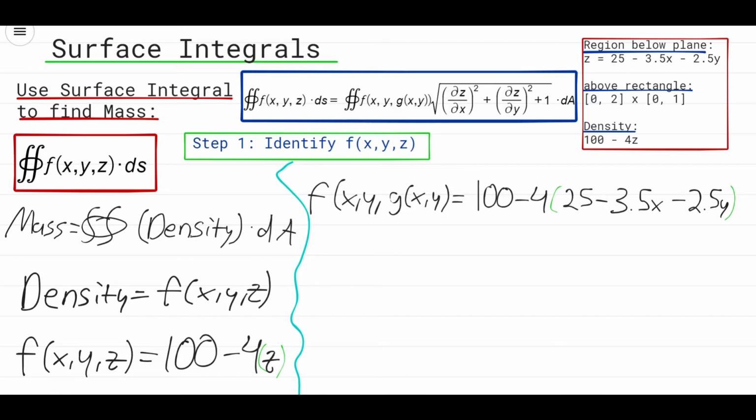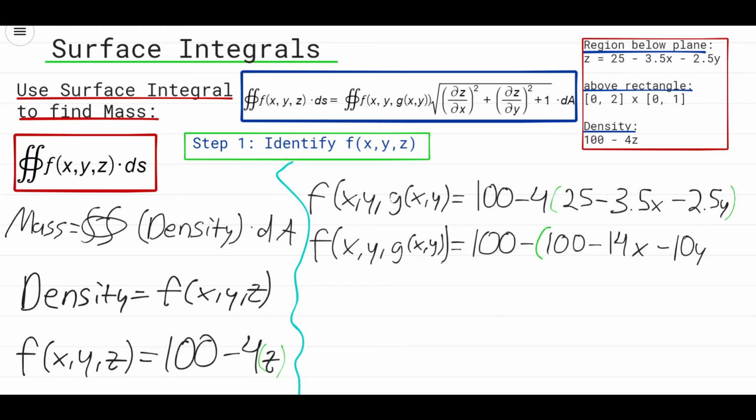So then from there, all we literally do is just distribute the 4 out. So f of x of g of x, y is equal to 100 minus 4 times 25 is 100. 4 times negative 3.5 is minus 14x. And then 4 times 2.5 is minus 10y. Furthermore, now we're going to distribute the minus sign to each term separately.